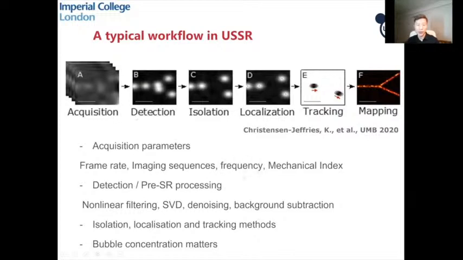If you use a very high frequency, your starting spatial resolution will be quite high. That means, because your resolution cell is much smaller, you can potentially get more bubbles in a single image.